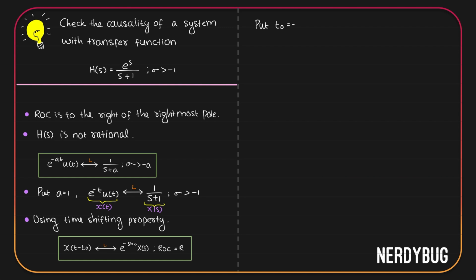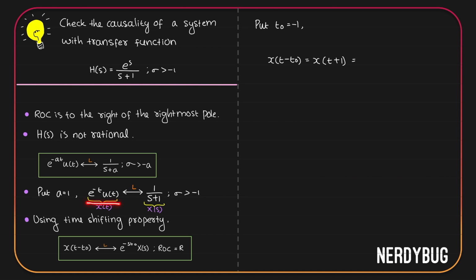So put t naught is equal to minus 1 so that we can get the inverse Laplace transform of e raised to s multiplied by 1 by s plus 1. Inverse Laplace transform of e raised to minus s t naught X of s is x of t minus t naught. Here t naught is minus 1. So this will be x of t minus of minus 1 or t plus 1.